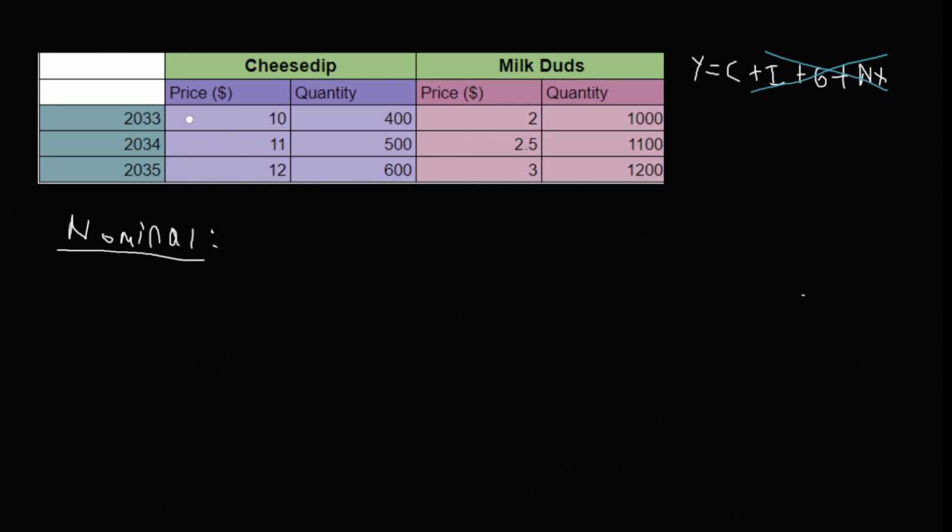We're going to calculate the nominal GDP for each of these years. For 2033, we need to find the total revenue that this apocalyptic society has gained. Total revenue is equal to price times quantity.